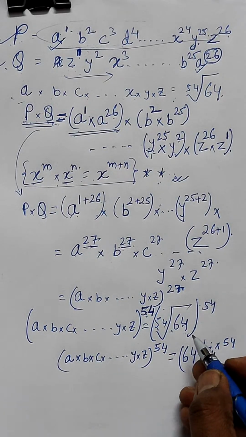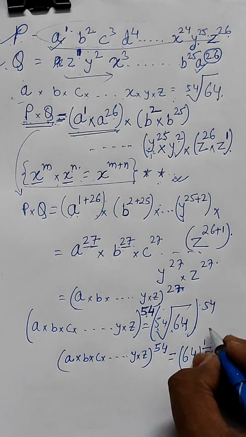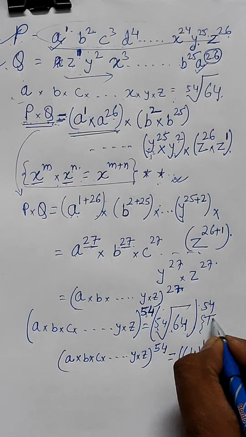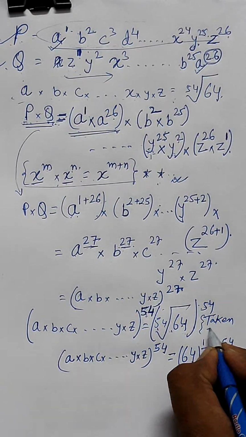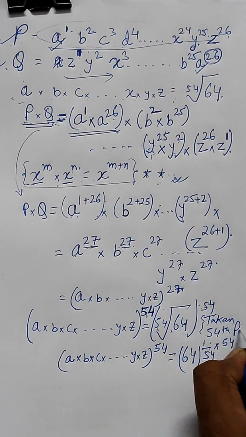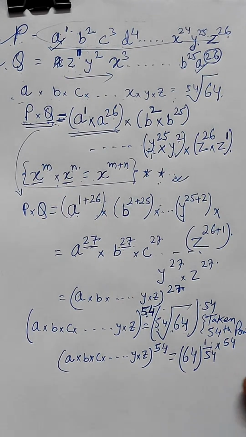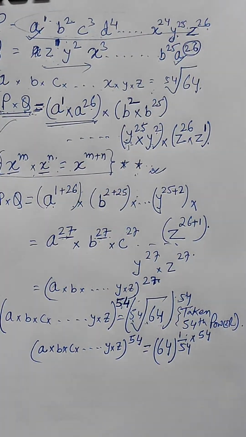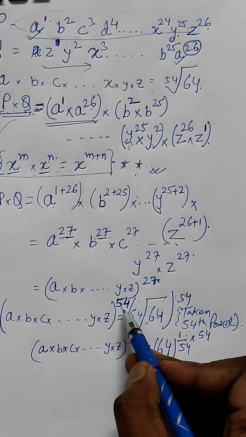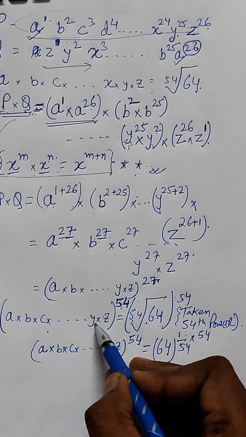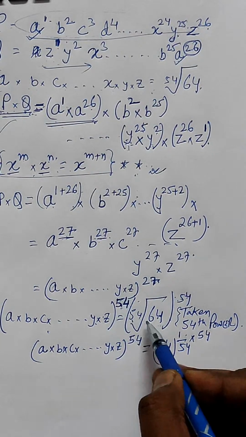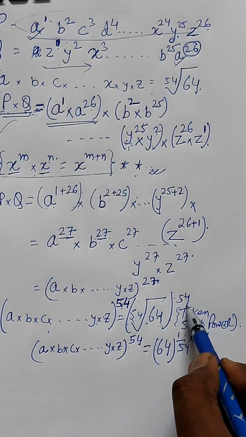So in this way, what we will be writing, taking the 54th power. We have taken the 54th power, you mean to say, what's that? That means into the LHS the 54th power is taken, and into the RHS also the same thing is taken, right?